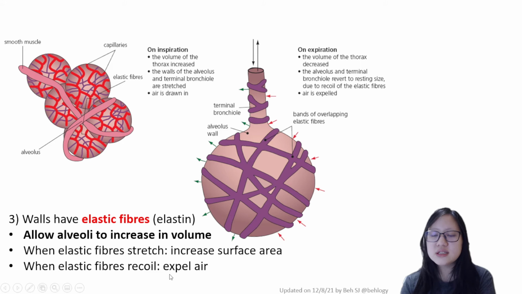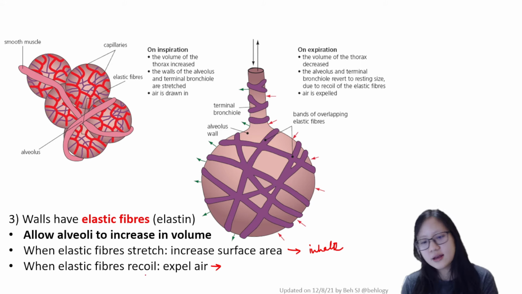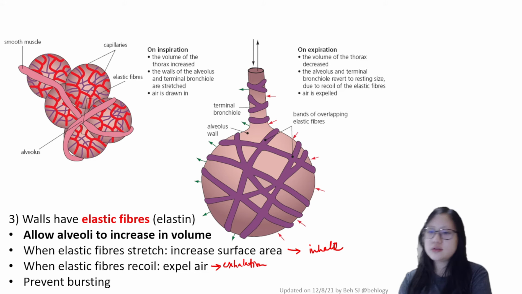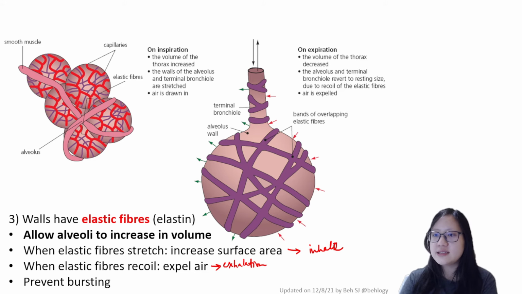When it recoils, it expels the air. Obviously, this increase in surface area happens during inhalation or inspiration, and when elastic fibers expel air, this is during exhalation. This also prevents bursting of the alveoli because it allows some stretch and it can recoil. So yeah, it won't burst. It's a bit elastic there. So that is the third point.